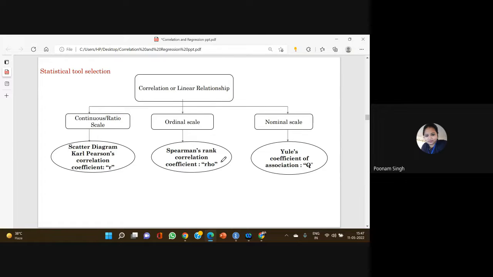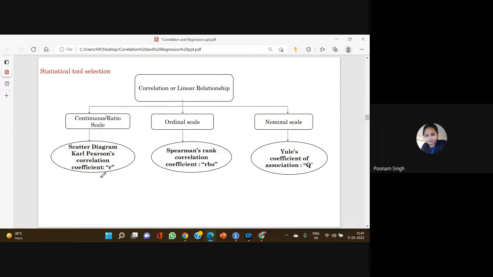There will be such 4 to 5 options. Then you can say that very happy is better than okay, but you don't know how much better. We don't know the difference, but we know that it is better. So only order matters in this ordinal scale. If such type of data is there, then we will use Spearman's rank correlation coefficient.